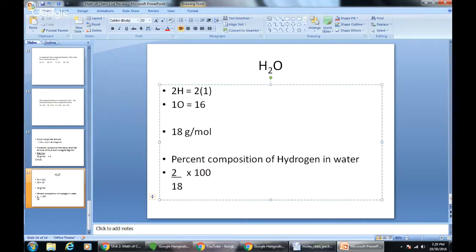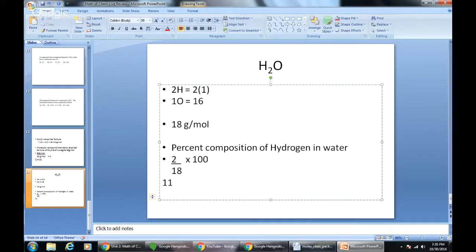So 2 divided by 18, what is that? No, that's not right. 2 divided by 18, not 18 divided by 2. So 2 divided by 18, let me get my trusty calculator, is 0.11 times 100 gives you 11%. So 11% of this water molecule is hydrogen.